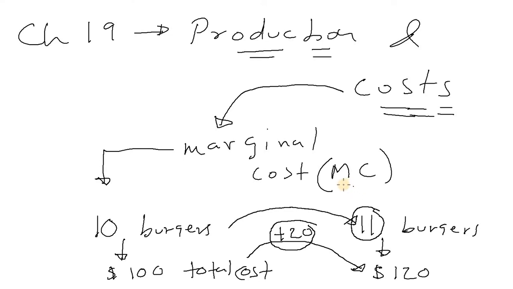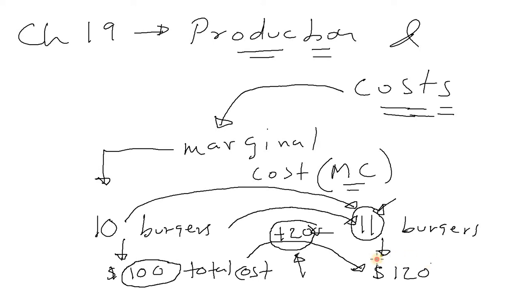So please remember, marginal cost is the additional cost of making one additional burger. To make this additional burger, the 11th burger, we need an extra $20. So our total cost jumps from $100 to $120.